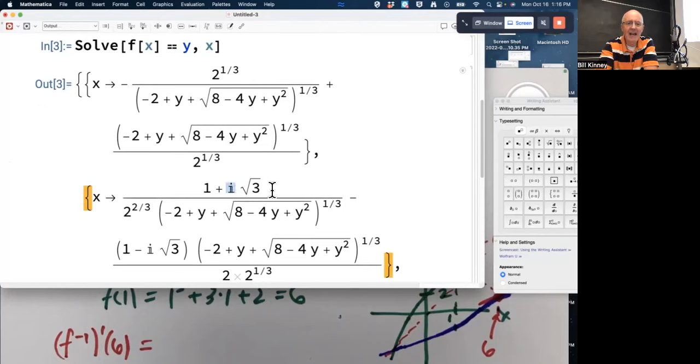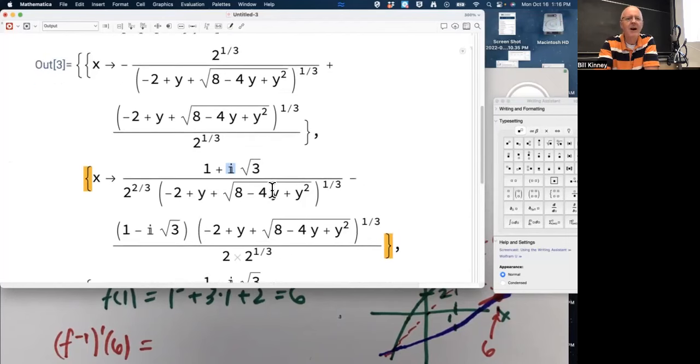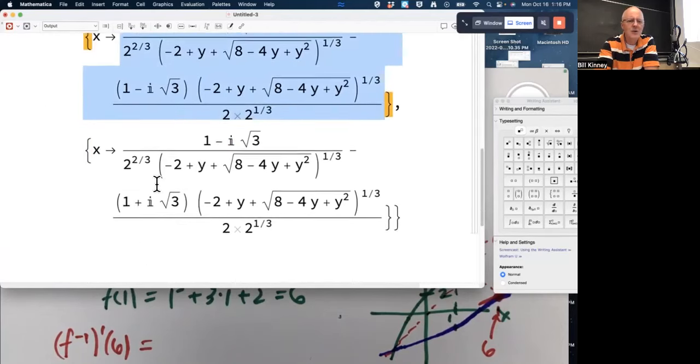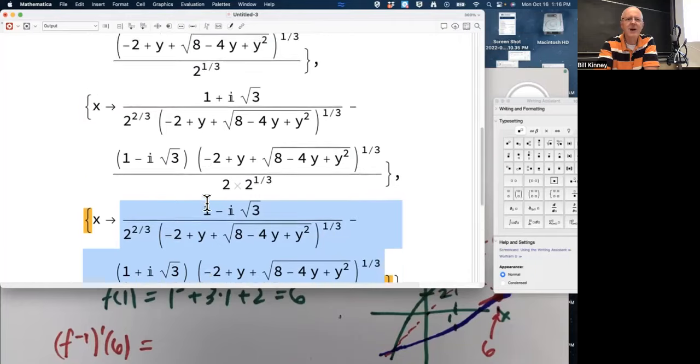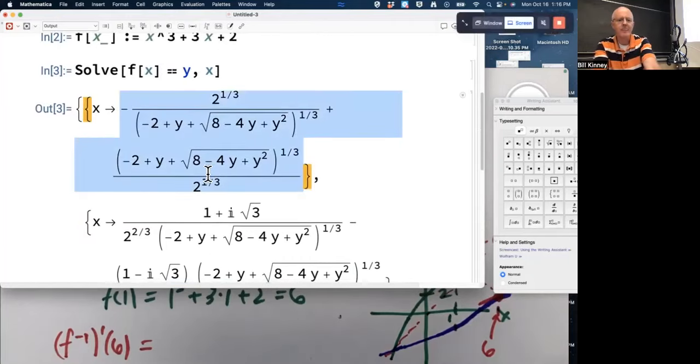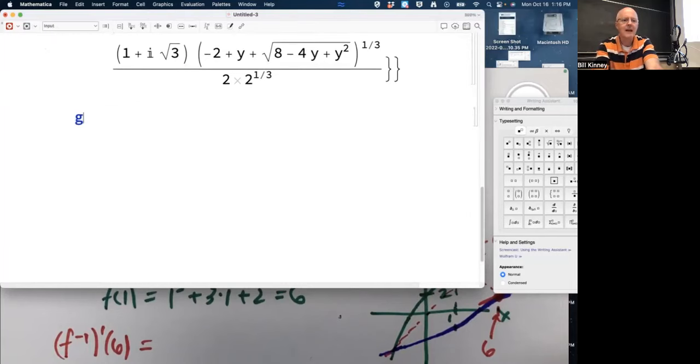What's that? I? That's the imaginary unit. Wait a minute. There are 3 answers. And they involve I, except for this one. I wonder if that's the one we want.